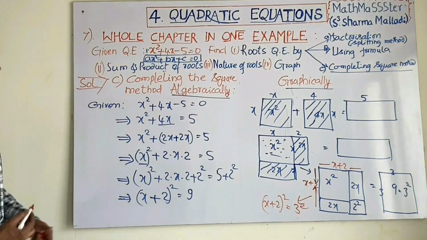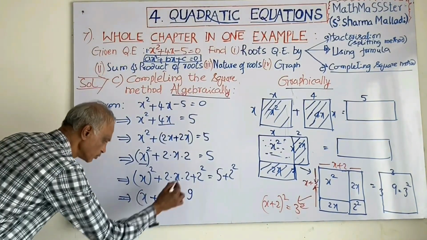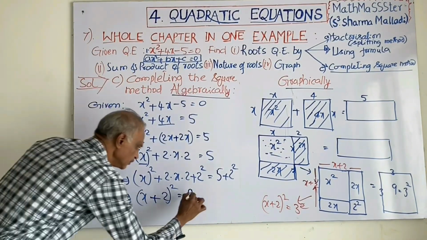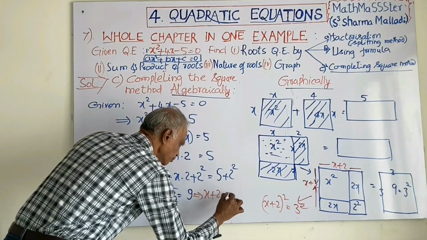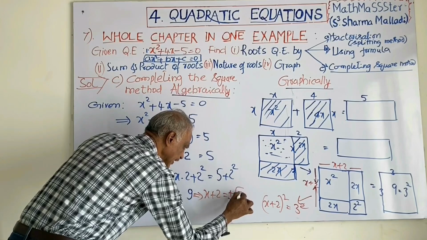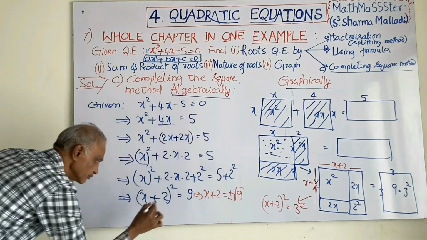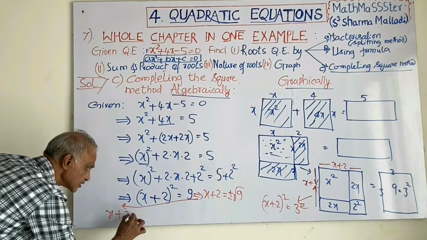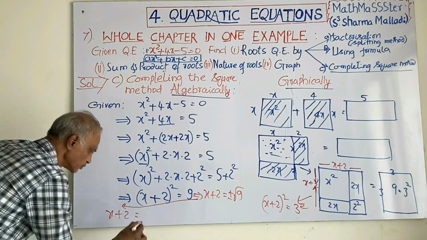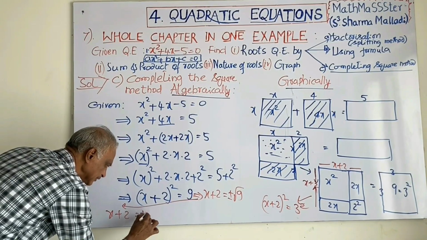Now what do I do next? We have x plus 2 whole square is equal to 9. You will have x plus 2 is equal to plus or minus root 9, means plus or minus 3.